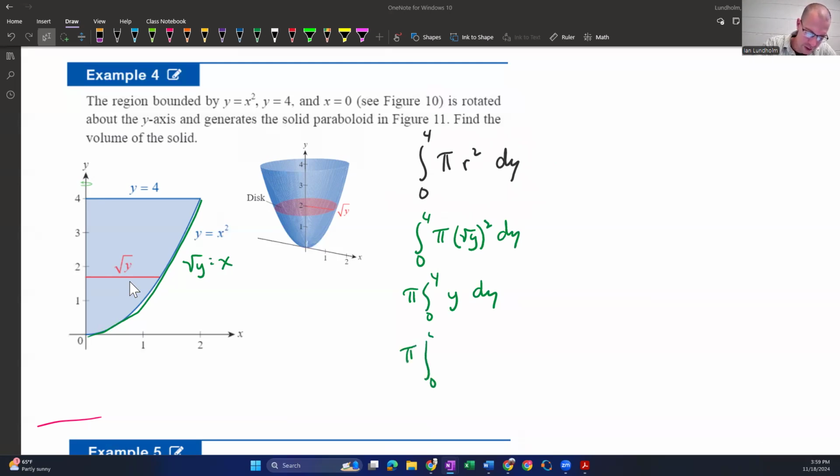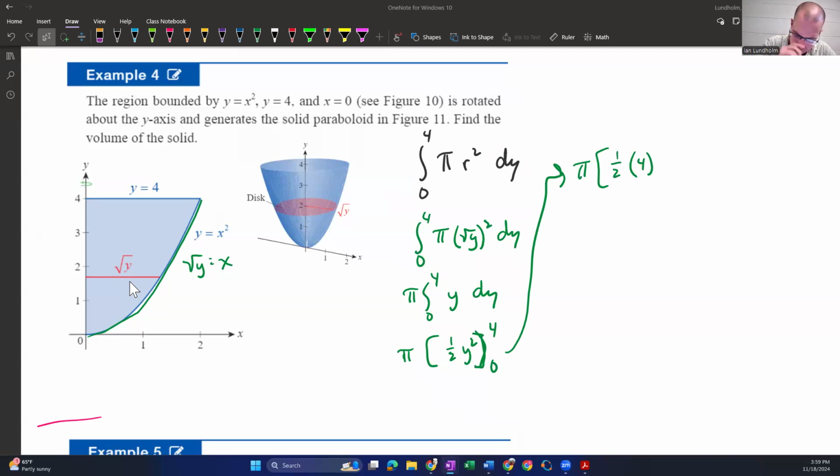Here's where we can integrate, or take an antiderivative. We get 1/2 y squared, from 0 to 4. When we do this, we'll have pi times 1/2 times 4 squared minus 1/2 times 0 squared.